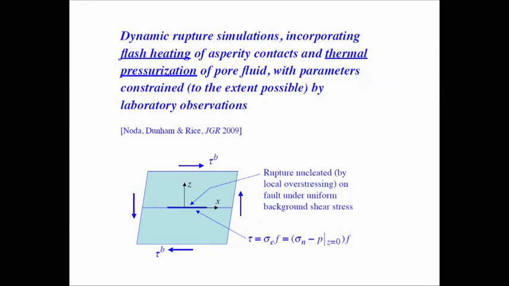We've tried the problem of two elastic half spaces which join along a fault. Along the fault, we assume that the kinds of thermal weakening processes I've described to you go on. In particular, we look at thermal pressurization of native pore fluid. We solve differential equations in the direction normal to the fault, which describe the transfer of pore fluid pressure and heat in that zone.